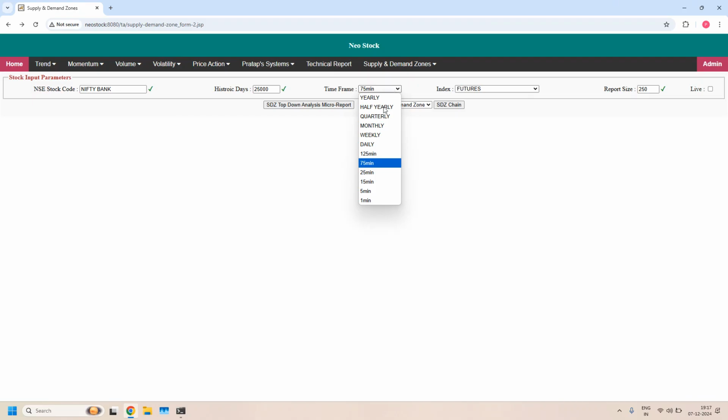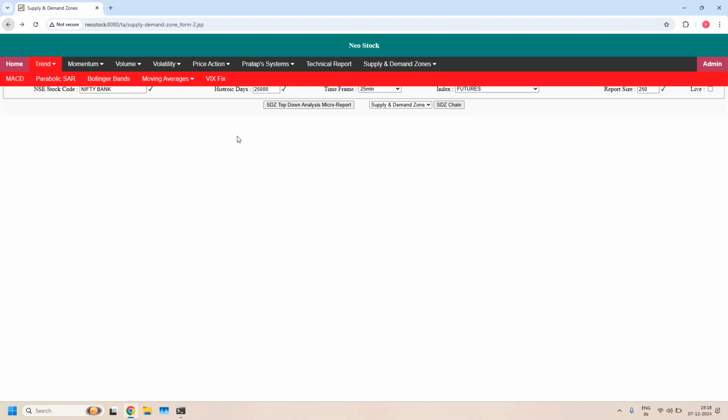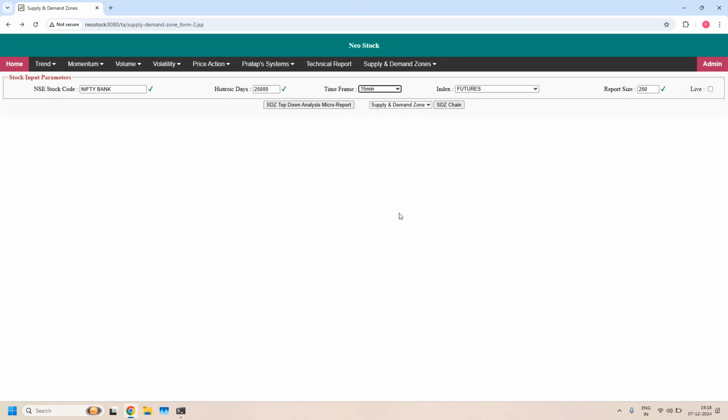Next, 25 minute supply demand zone chain for Bank Nifty. Next, 15 minute supply demand zone chain for Bank Nifty.